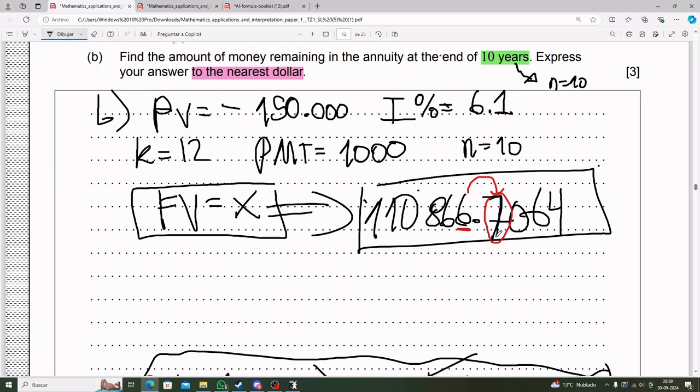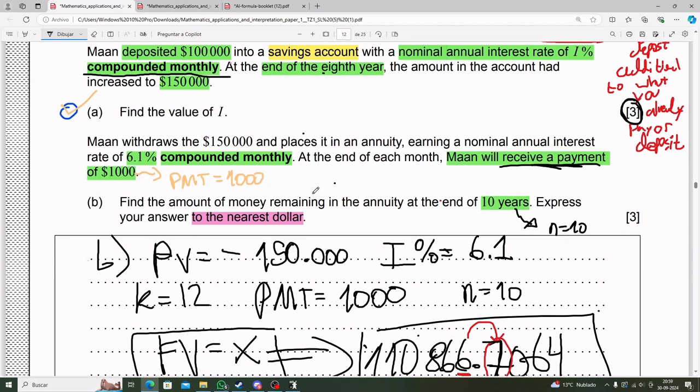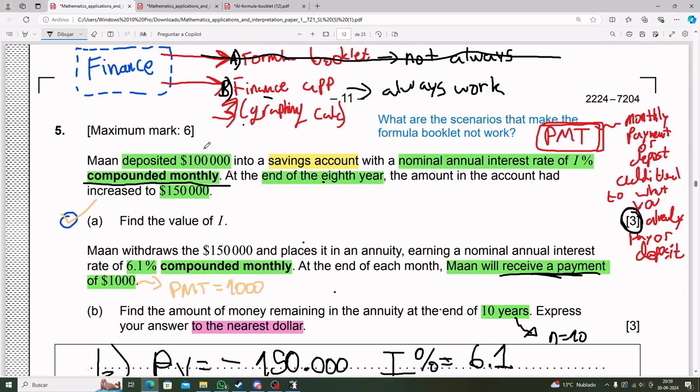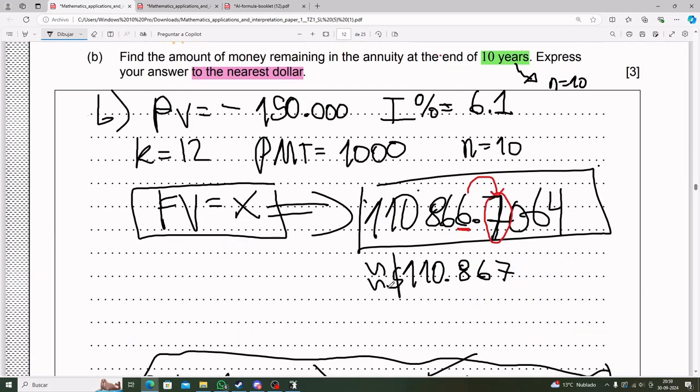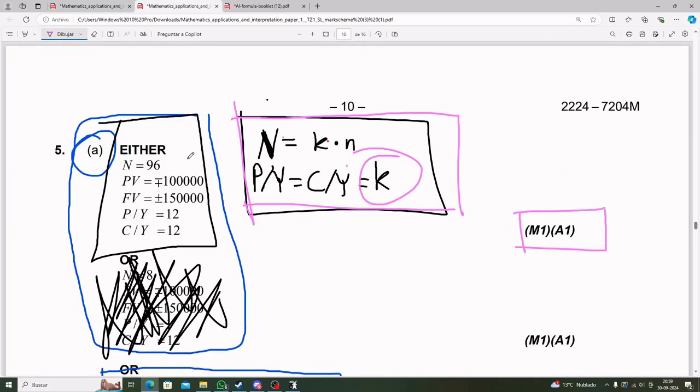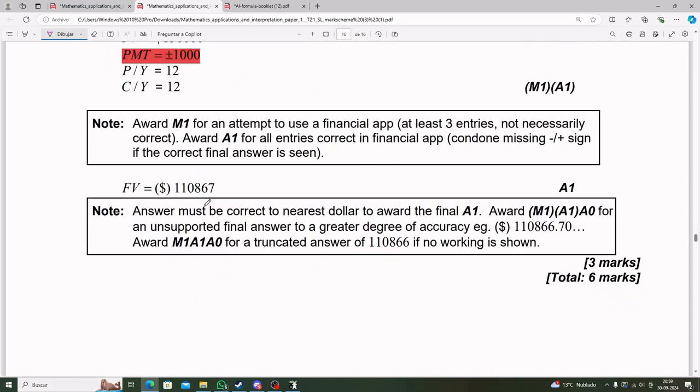So 7 is above 5. You have to round it up. That means your final answer is 110,867. Is it dollars? Yeah. Just the dollar sign is fine. See? Boom. So that is our answer for part B.